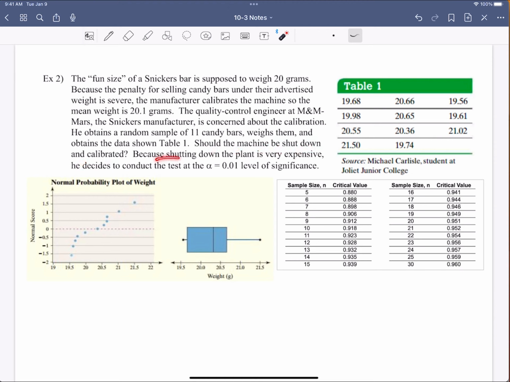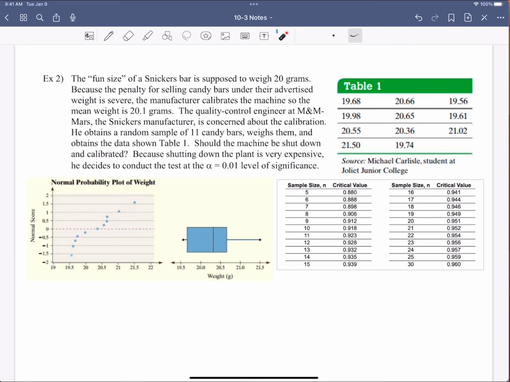Here's the deal. Shutting down the plant is unbelievably expensive. So he decides to conduct a test with this level of significance. We're not giving ourselves much room. This is 99% confident, right? He's got to know if he's going to shut down the plant, you got to be basically positive, right?